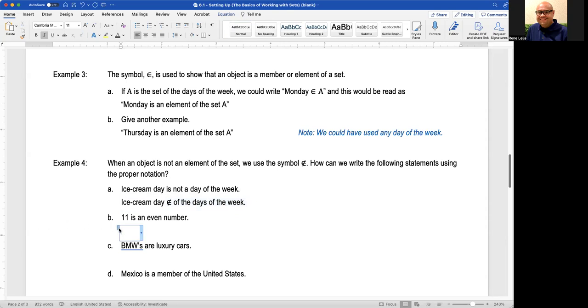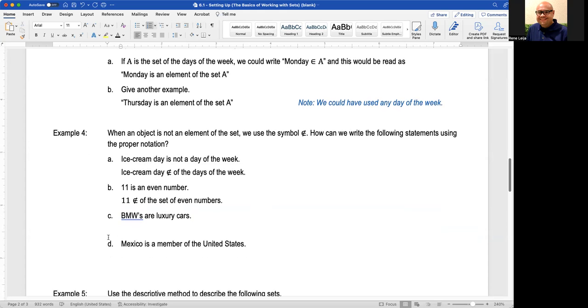It's super easy. Okay, and then here, let me reveal the whole thing. Okay, so 11 is an even number. Well, we know that's false. So we just say that 11 is not an element of the set of even numbers because it's odd. Okay. Now for part C, BMWs are luxury cars.